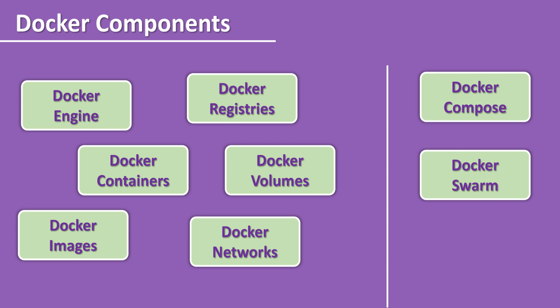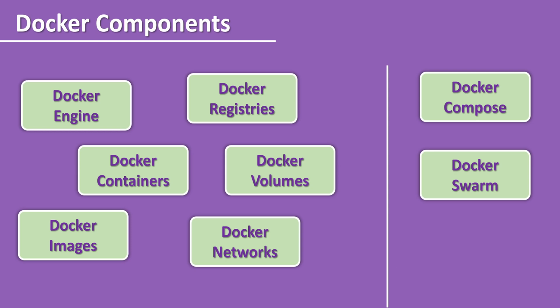Now, Docker Swarm is an optional component that acts like an orchestration tool where you can manage multiple containers. If you have a big application, for example an application with many microservices, you can understand it this way: if you have more than 5 or 10 services, you can use Docker Swarm to manage your containers.